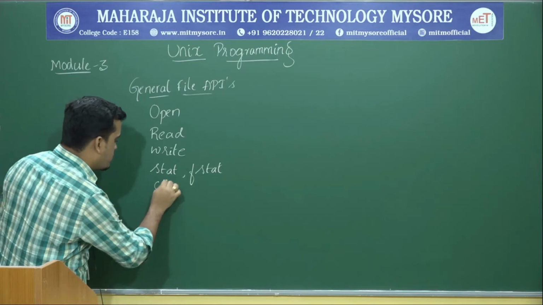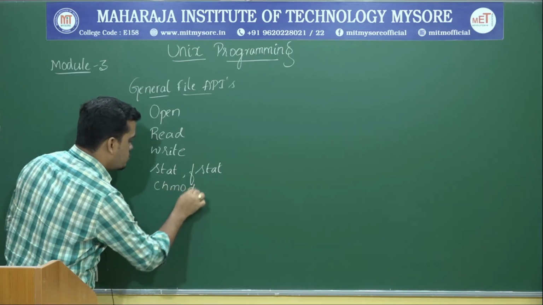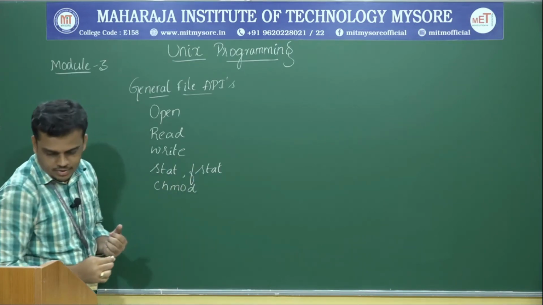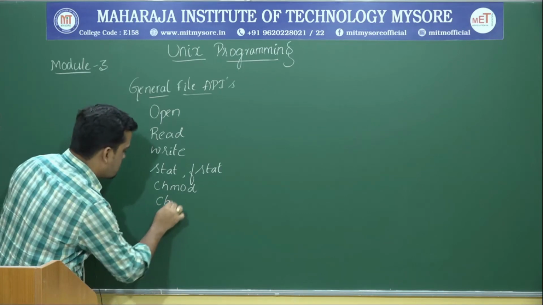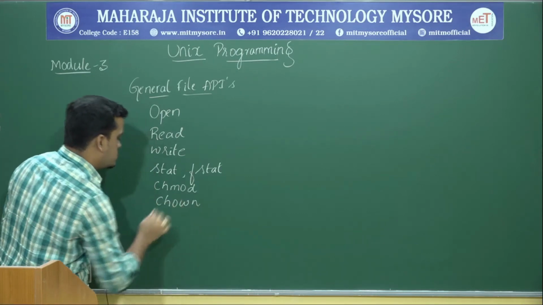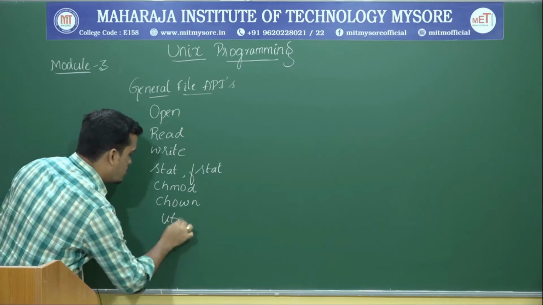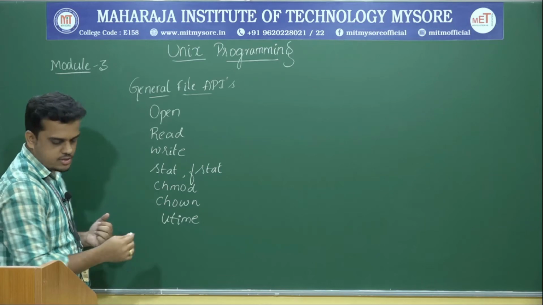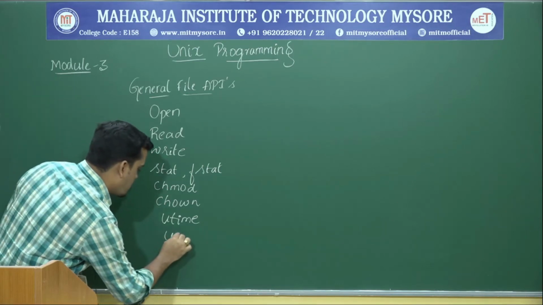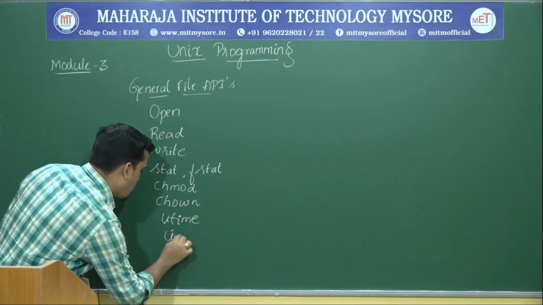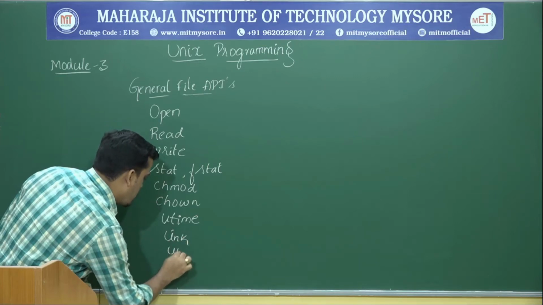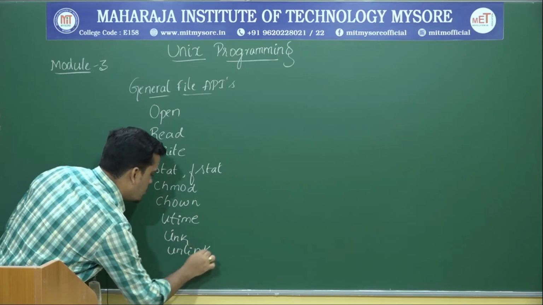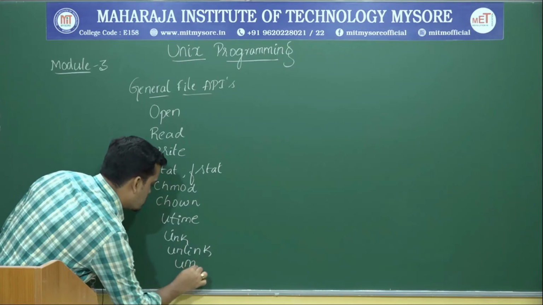And there is an interface called chmod, an interface called chown, an interface called utime, and an interface called link, unlink, and lastly umask.